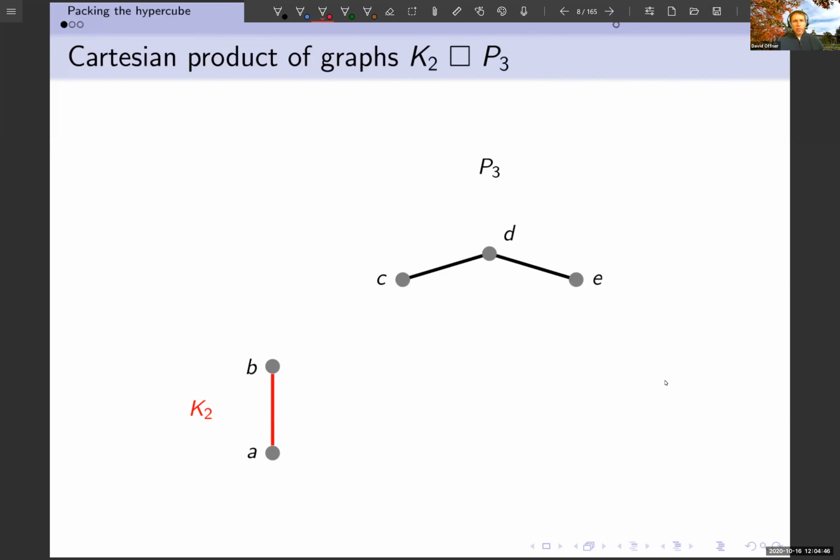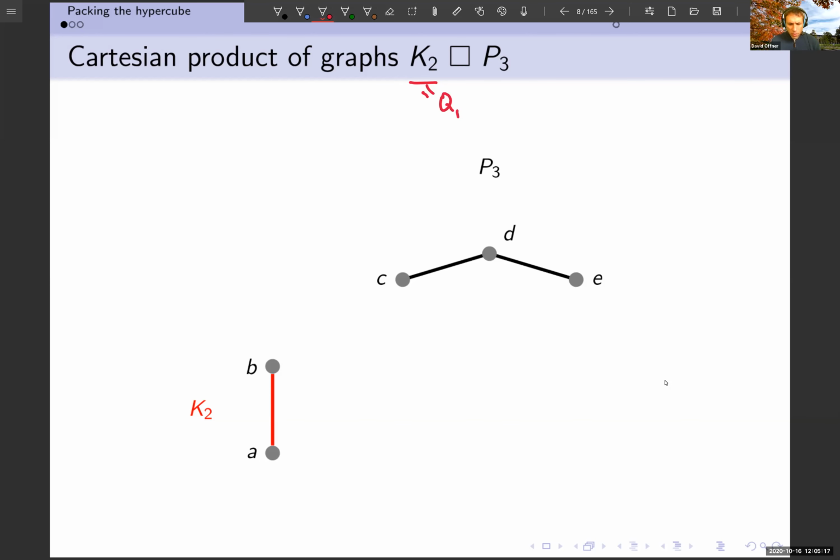We can define hypercubes explicitly, as we just did, or we can build them recursively using the Cartesian product operation on graphs. Again, to review some notation and vocabulary, let me use as an example a Cartesian product between K2, which is the same as Q1, and a path of length 3.